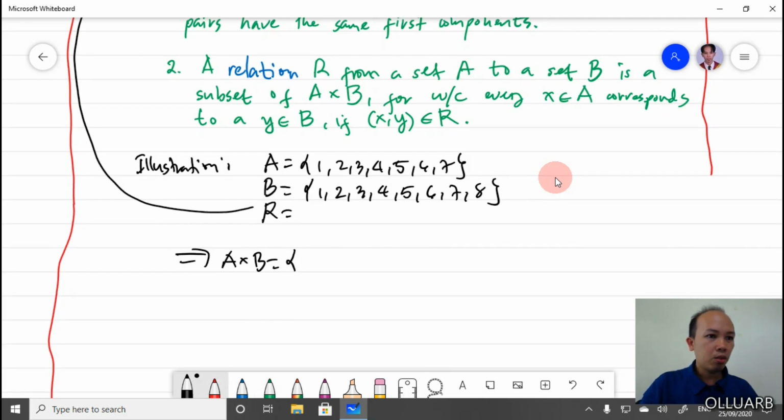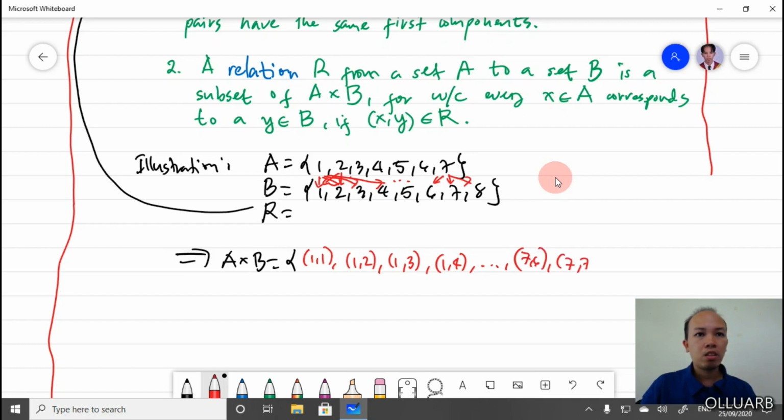As you noticed in the previous discussion, you have 1 1, 1 2, 1 3, 1 4, and so on and so forth, 2 1, 2 2, up to the last three elements of the Cartesian product: 7 6, 7 7, 7 8.